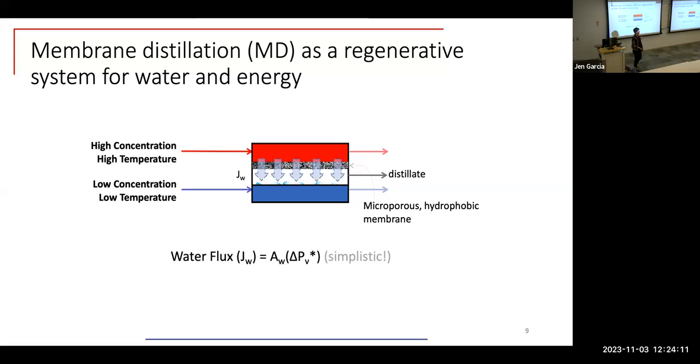If we have organics in our feed water, or a lot of salinity, like hardness, they'll start to deposit on the membrane. They can block the pore space for our water vapor to diffuse through and reduce our permeation, so essentially how much water we recover from the process.